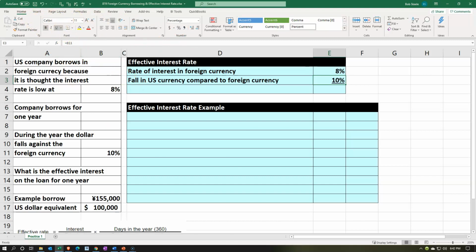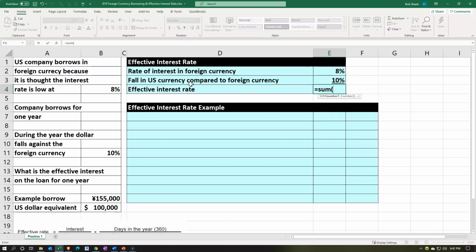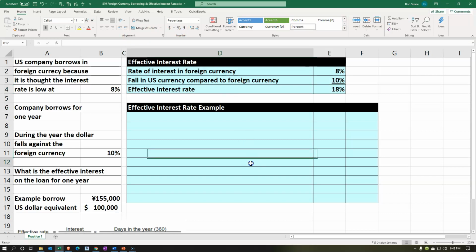Then the effective interest rate, if we were to add those two up, would be equal to the sum of the 8 and the 10, and I'm going to go Home tab, Number group, and percentify that. We've got the 18%. So let's work that out with our example down here to make it a little bit more concrete.